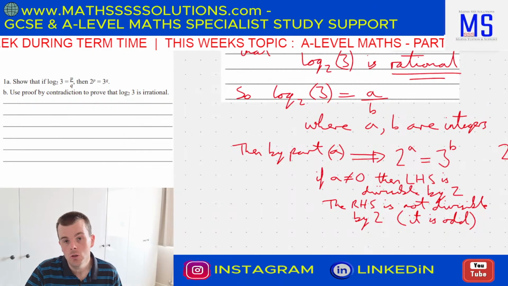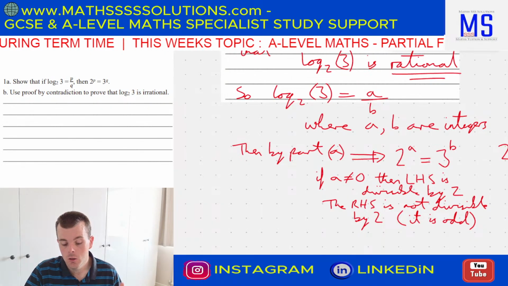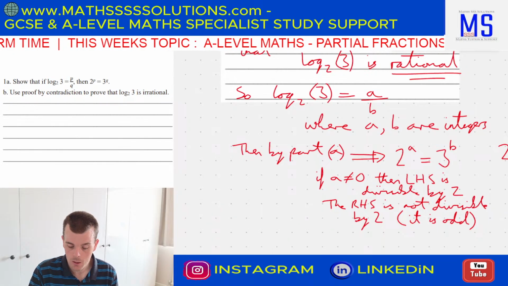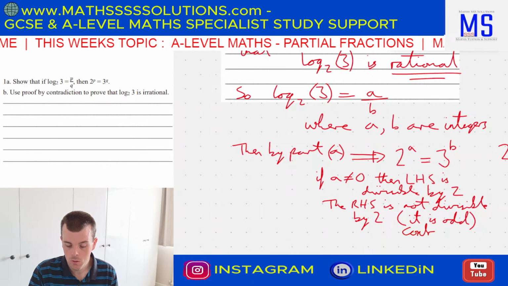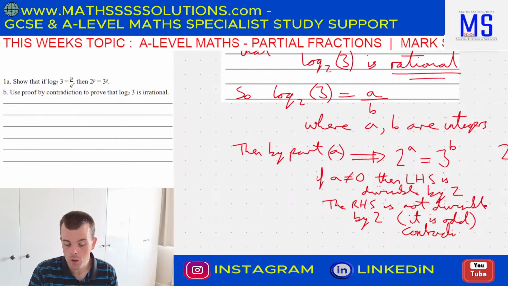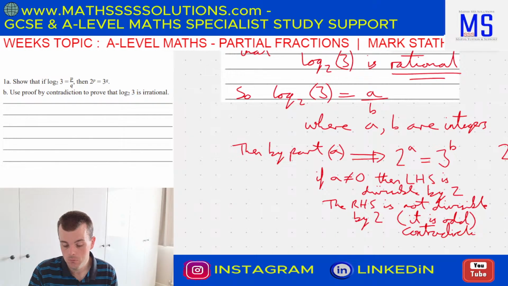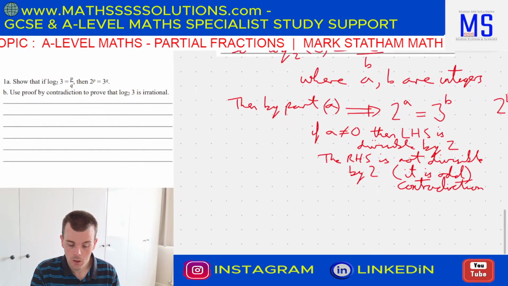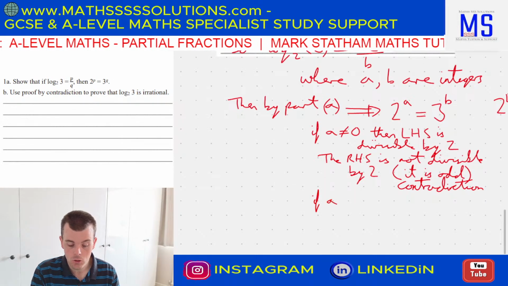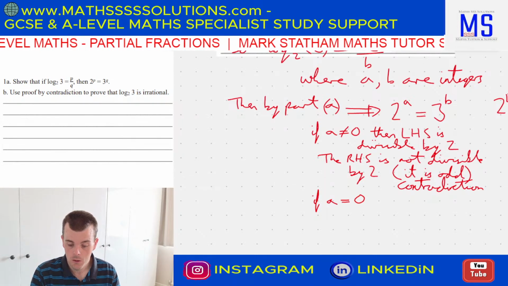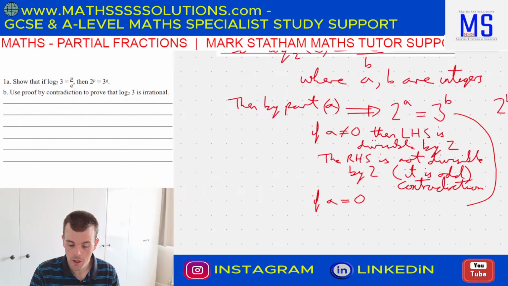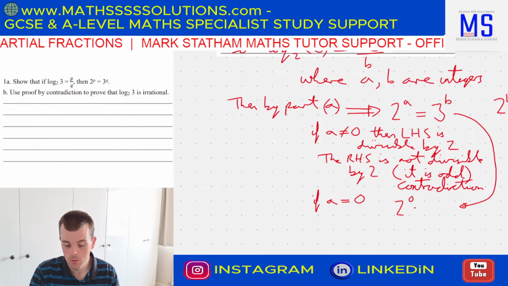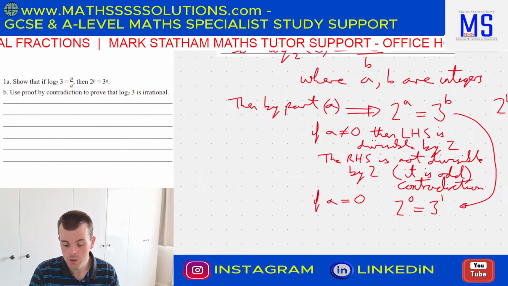Okay, but also be aware of what happens if A is equal to 0. That gives you a contradiction, but also consider all possible cases. So if A does equal 0, then 2 to the power A, or 2 to the power of 0, equals 3 to the power of b.